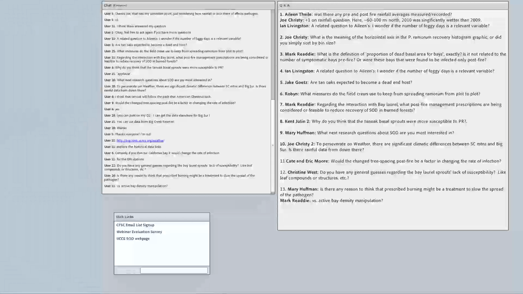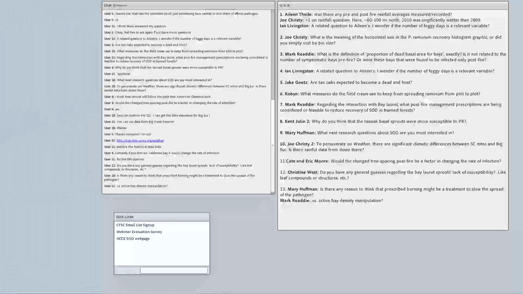And then Mark Reedy also chimes in on this question, wondering how that might compare to active bay density manipulation. Yeah, certainly that's an issue that a lot of people are recommending, thinning those bays, removing bays in areas that you want to protect and to reduce inoculum levels.